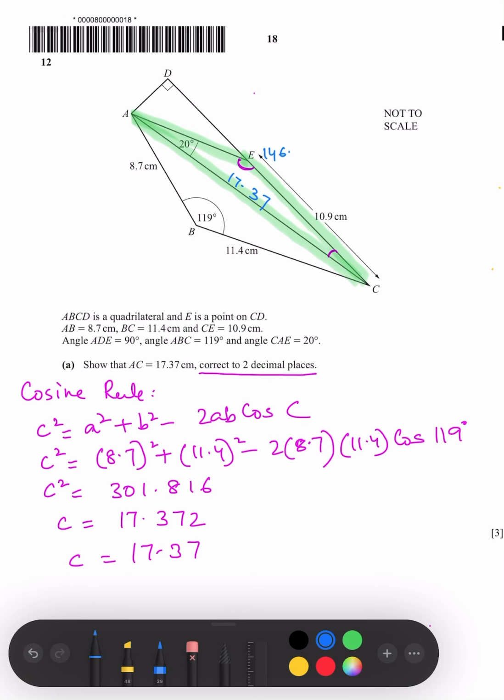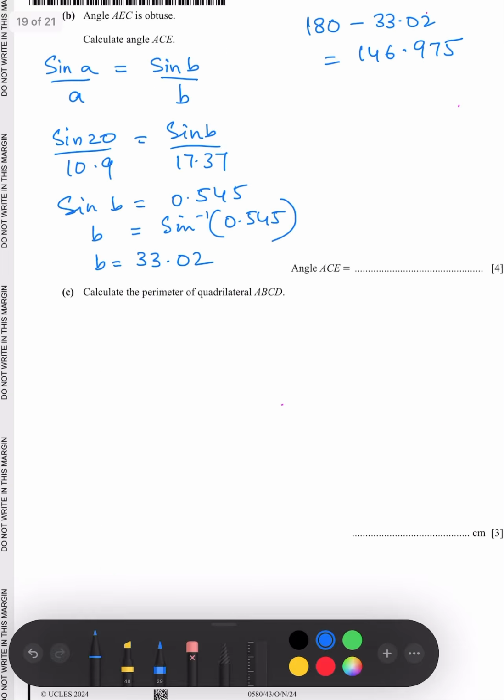Now we can calculate ACE by adding these two angles and subtracting from 180. 146.975 plus 20 is equal to 166.975, and subtracting from 180, we get 13.02. 13.02 is the answer.